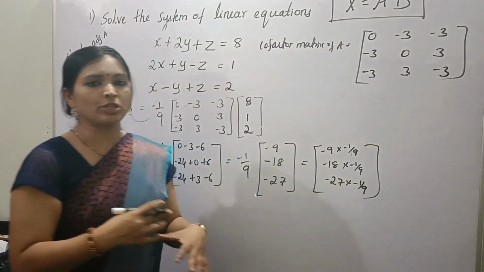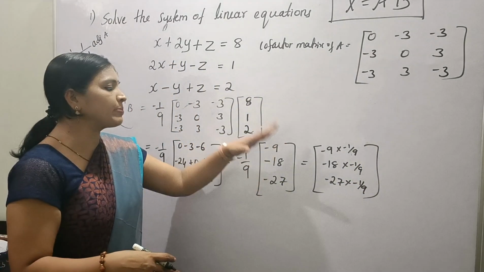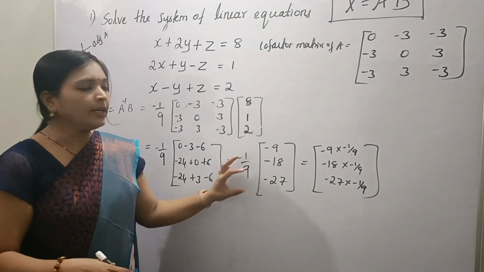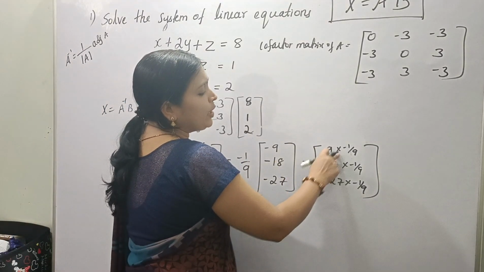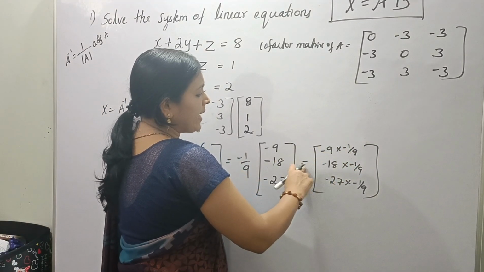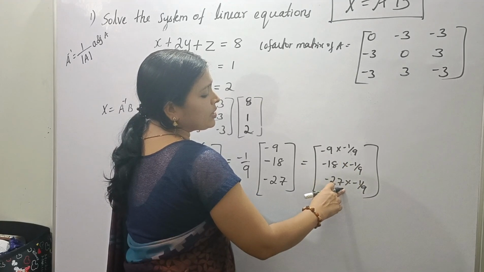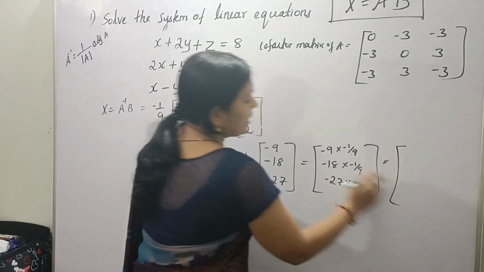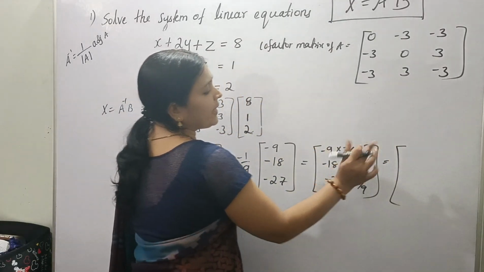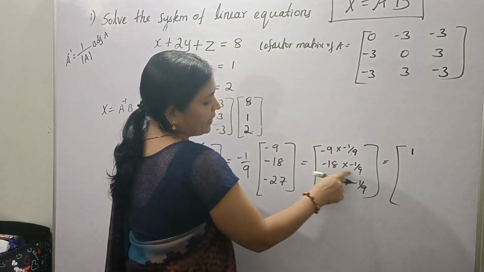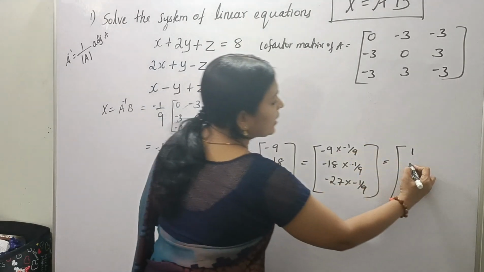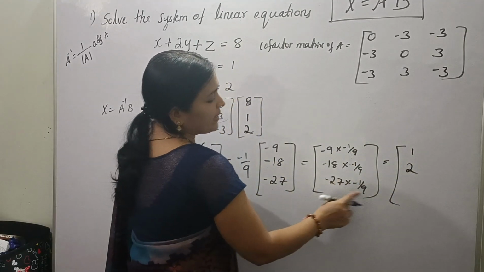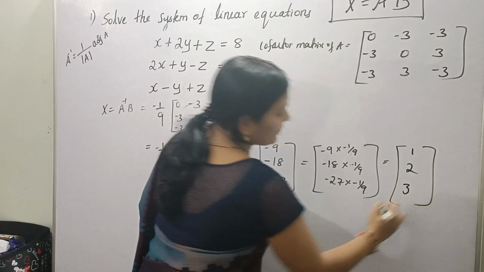It is the scalar multiplication. We have to multiply all the elements by this constant, this scalar, right? Here minus minus cancelled, so 9 cancelled, so it is 1, and minus cancelled, 9 2s are 18. Here minus cancelled, 9 3s are 27.